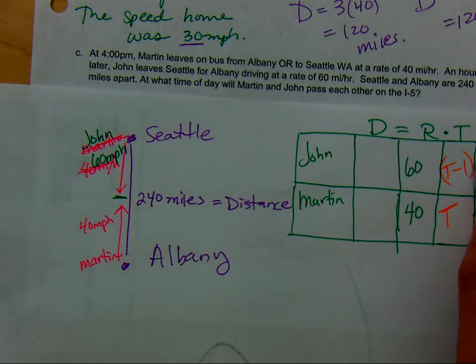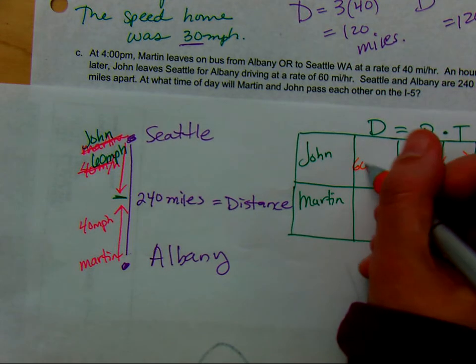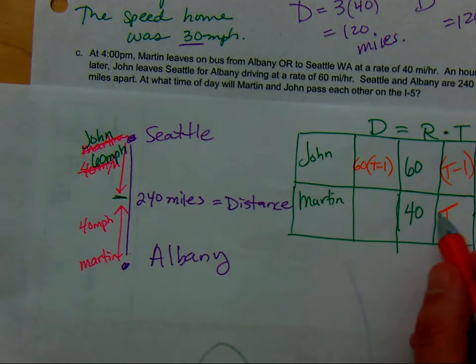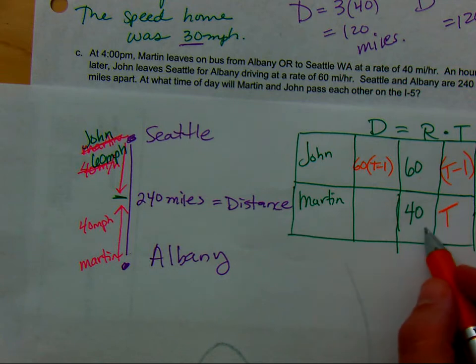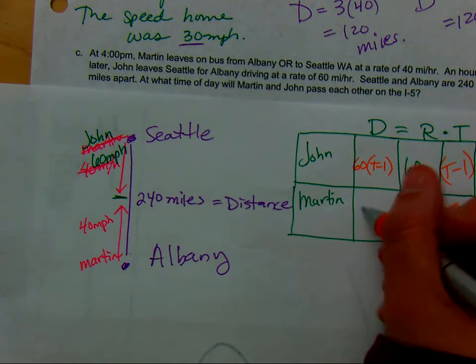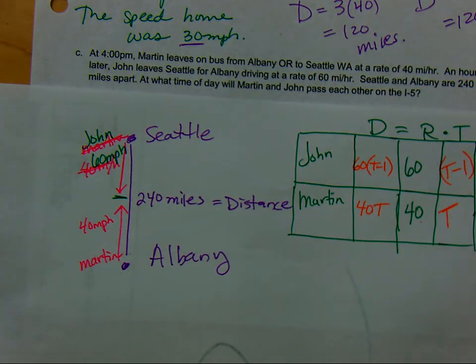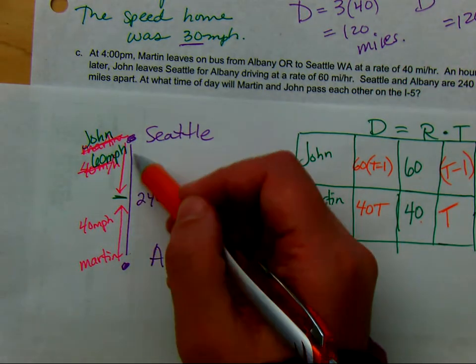Their rate times the time gives me the distance. So the rate times the time, that's 60 times (t minus 1). And then what's the distance Martin has traveled? Well, it depends on how long he's been driving, right? So his distance is 40t. Okay, now they're going to meet someplace in the middle.